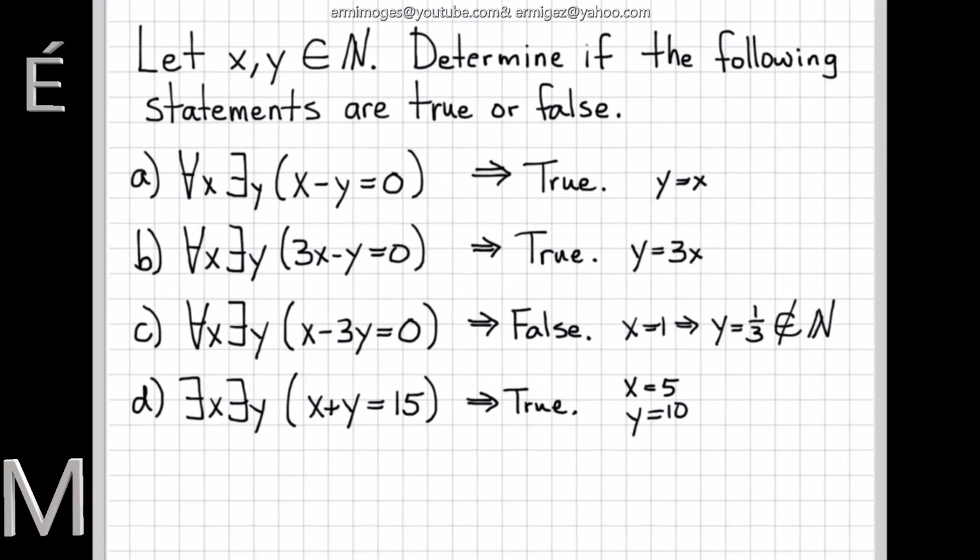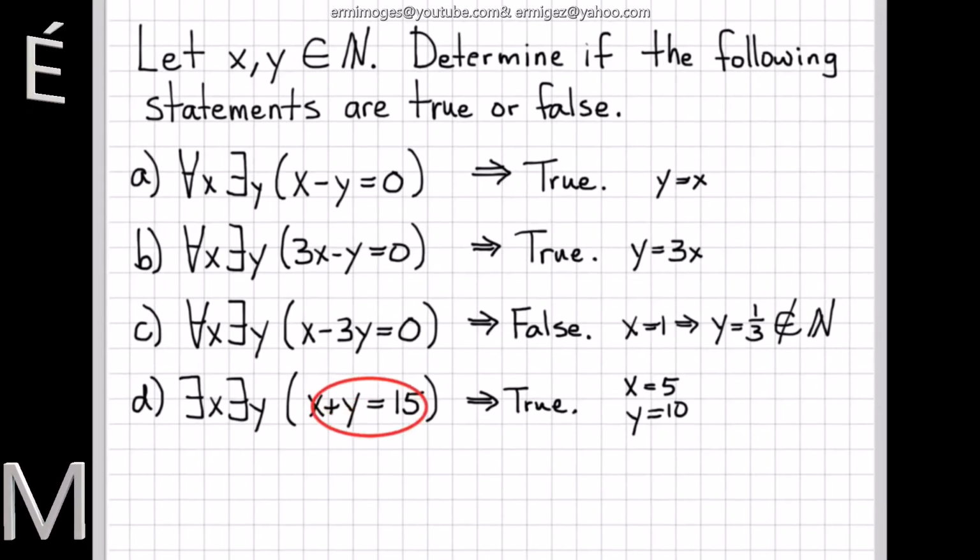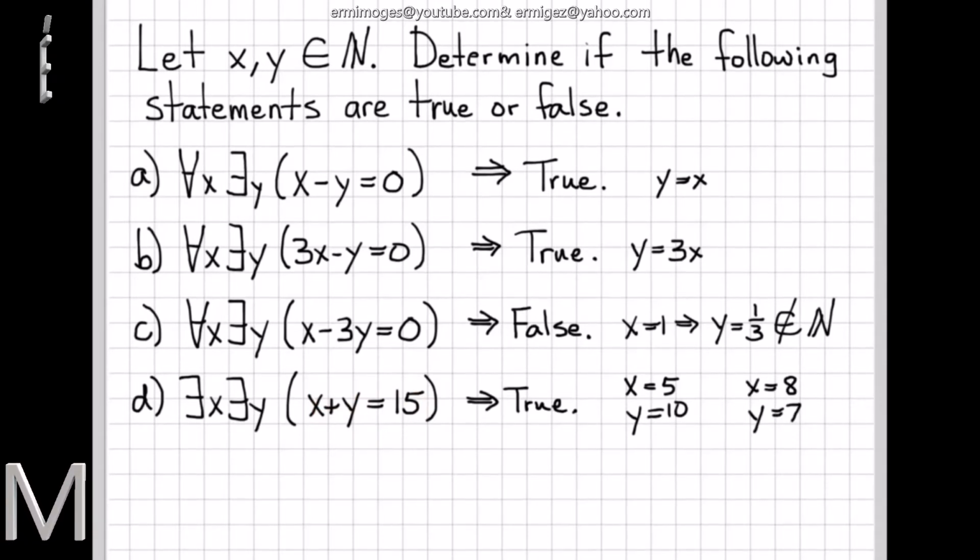There's actually a whole bunch of ways I can come up with this. x equals 5 and y equals 10, those are both natural numbers, and they sum up to 15. So there's one example I can give you that makes this a true statement, because I've proven there exists an x and there exists a y with this property. I could just as easily have picked x equals 8 and y equals 7. That would have been fine too. So showing that there exists an x and there exists a y is very easy for part D.